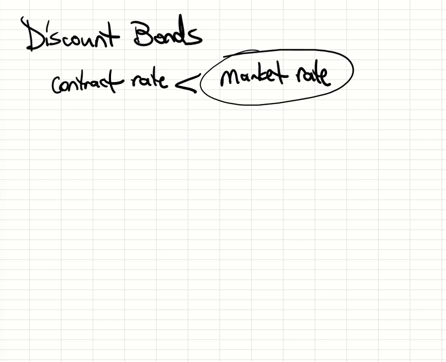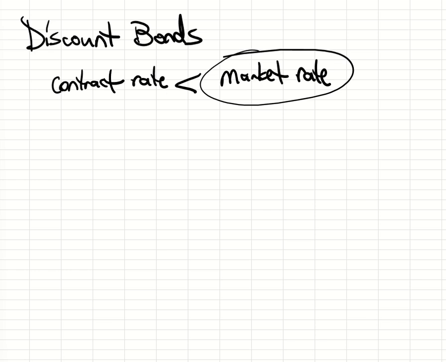So it's like a borrower-lender agreement there. So the higher the risk on the bond, the market rate increases to compensate bond purchasers. So keep that in mind. So contract rate, if it's lower, market rate is going to help the lenders out.